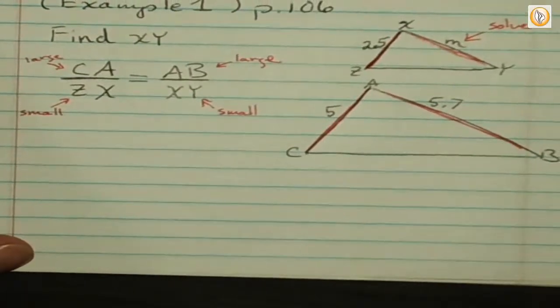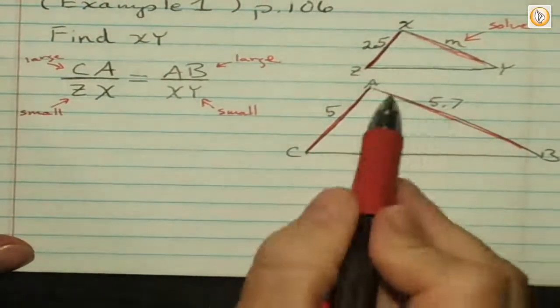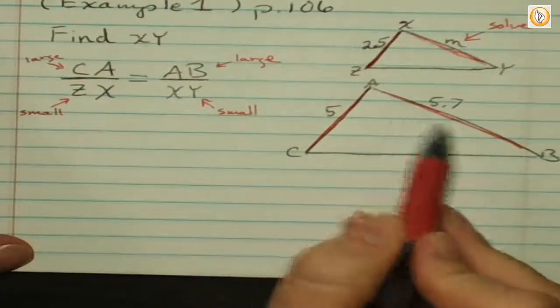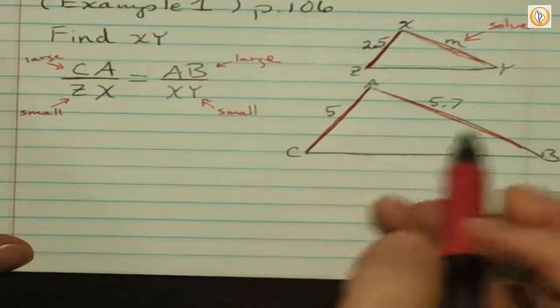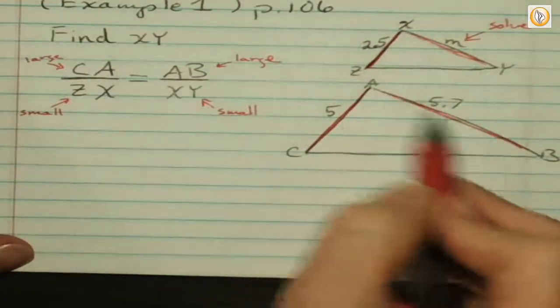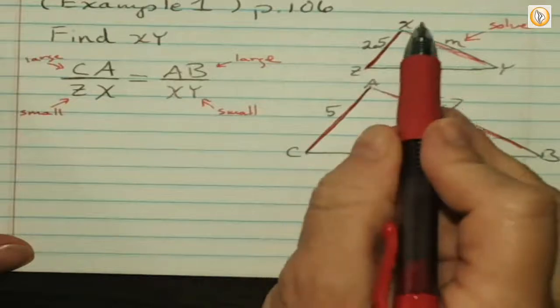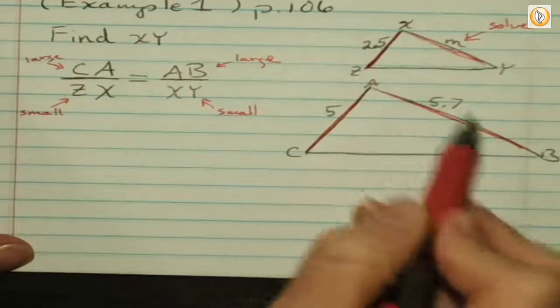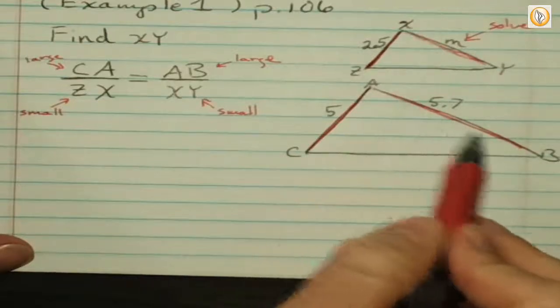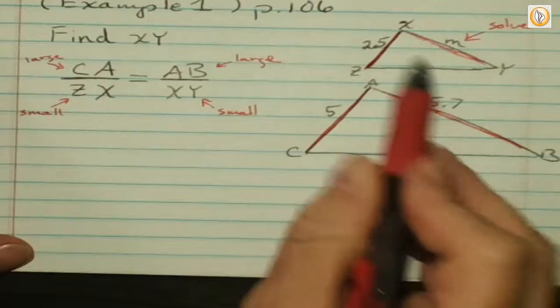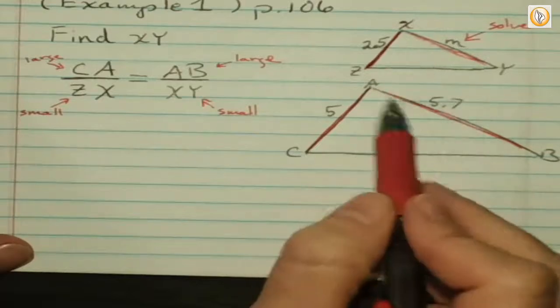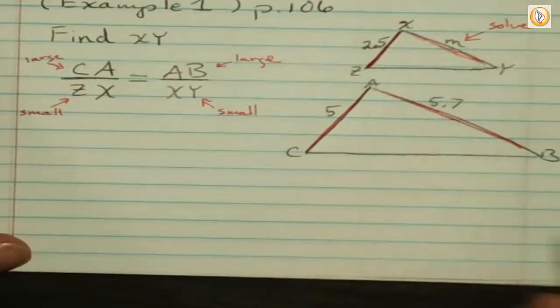Yeah, but we're doing proportions, so we have to use the side that corresponds with it. See, XY and AB are corresponding sides. They're just different sizes, but they're the same side.